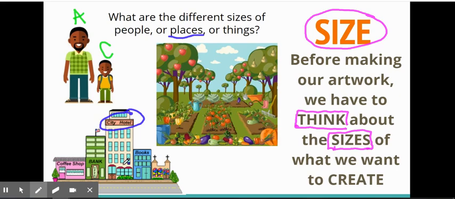Now let's think about our bookstore. Are books bigger than people or smaller than people? They are much, much smaller than people, right? Especially adults. They are way smaller than adults. So because books are a lot smaller, my bookstore is not going to be big and tall like my hotel.